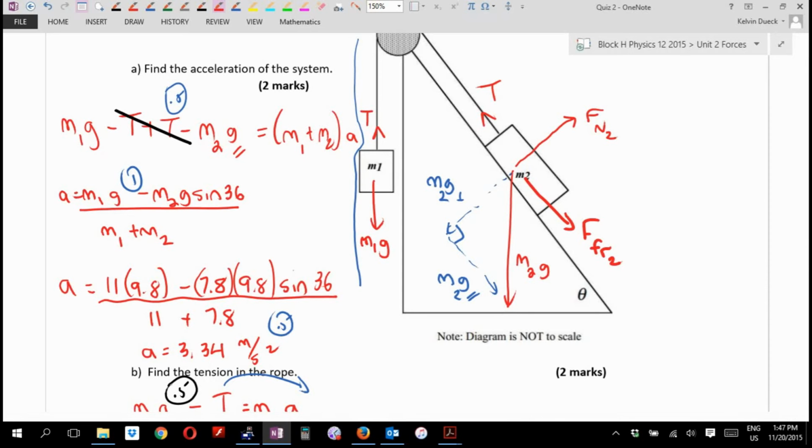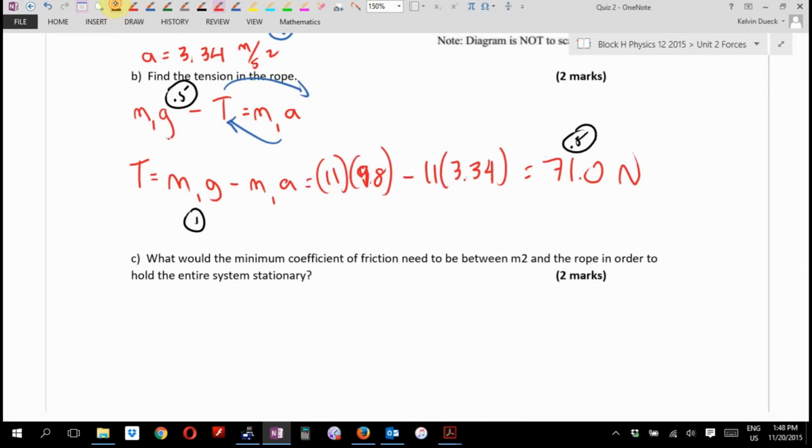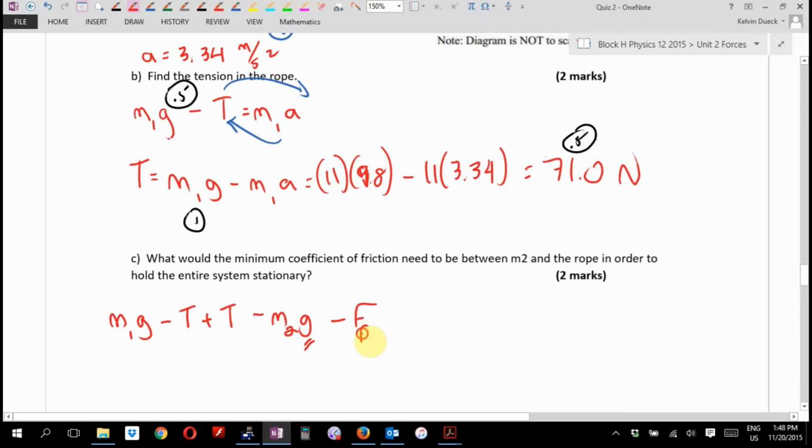Okay. Well, looks like it would be M1G minus tension plus tension minus M2G parallel minus friction, and that's going to equal 0 because it's stationary.